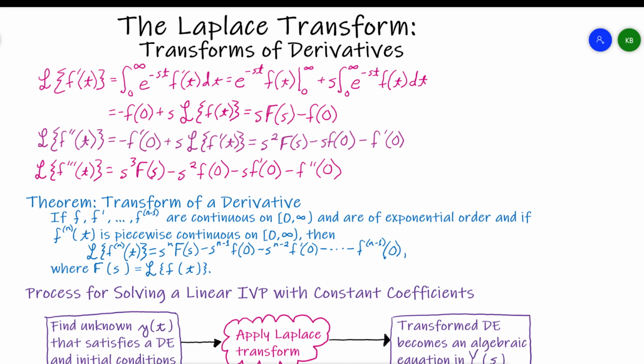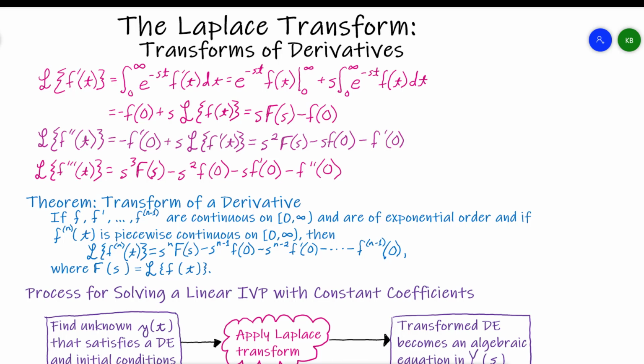Now, evaluating that first part, remember we're taking the limit as b approaches infinity of e to the negative sb f of b here. So e to the negative s times b, that's going to be 1 over e to the sb, and b is going to be approaching infinity.